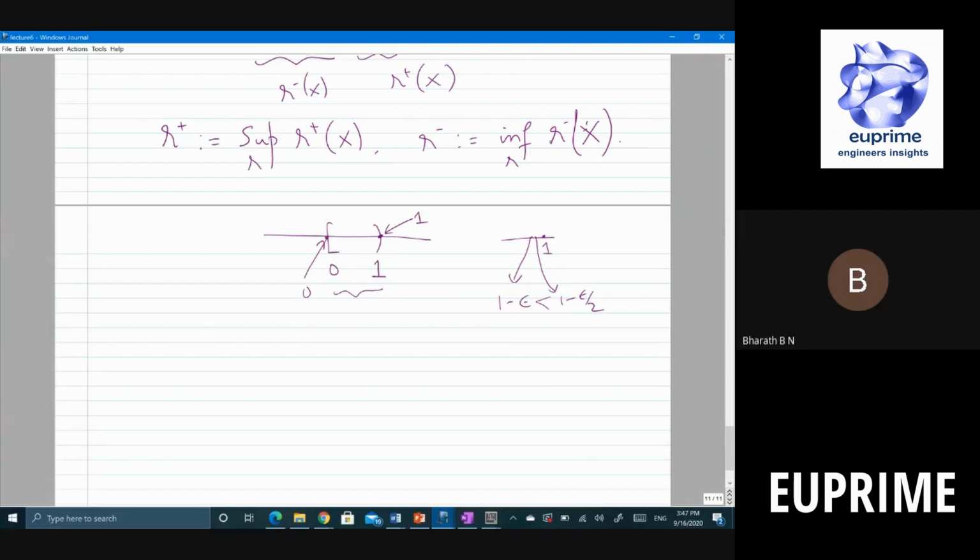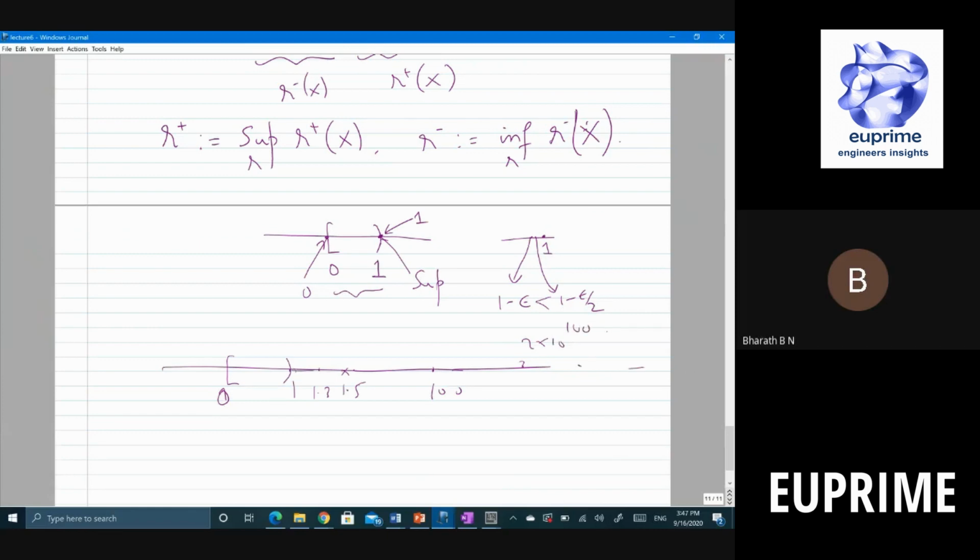So in such cases 1 turns out to be what is known as supremum. What do you mean by that? If you look at the upper bounds, right? What is an upper bound of a set? For example, this is 0 and this is 1. 1.5 is an upper bound, 1.3 is an upper bound, 100 is an upper bound, 2002 into 10 power 100 is also an upper bound, and so on.